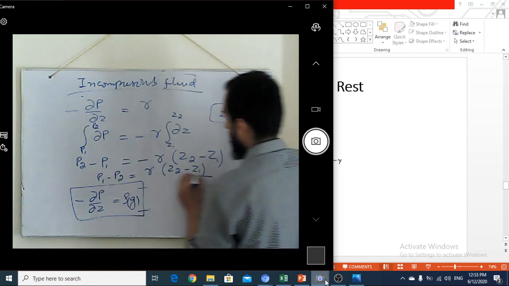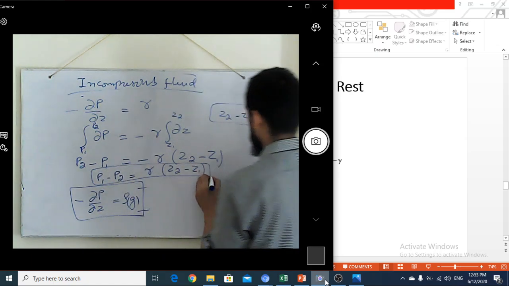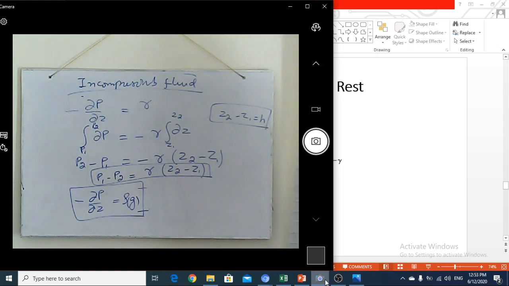So this equation is for incompressible fluid.